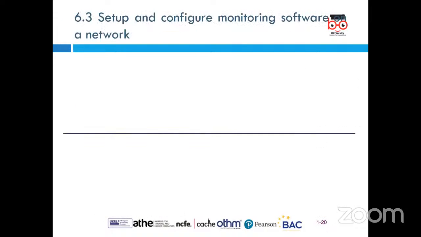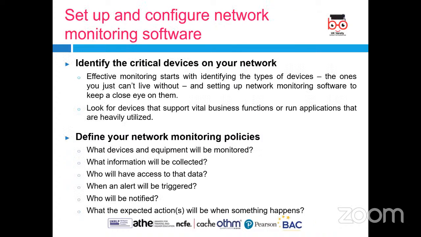Now we're going to look into setting up and configuring monitoring software on a network. When this happens on the network, we have to initially identify the critical devices on the network, the devices which could be easier to hack and which are more compromised.